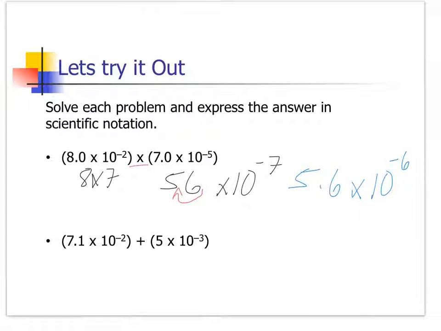And the next one, we have an addition or subtraction, and so we have to be, again, mindful of that. We have our 7.1 times 10 to the negative 2nd, and we're adding that to our 5 times 10 to the negative 3rd.